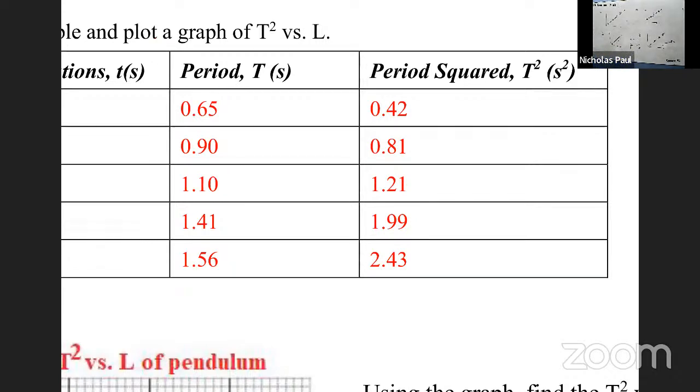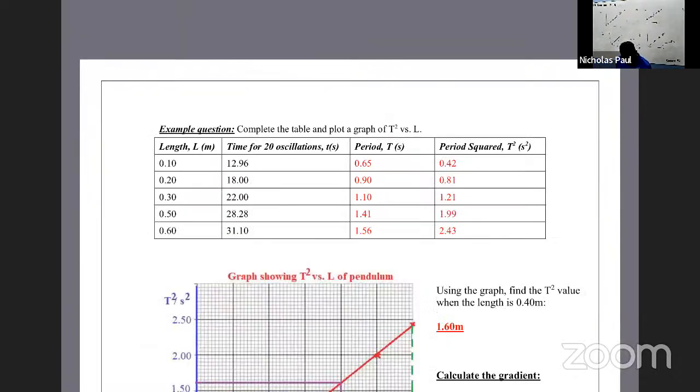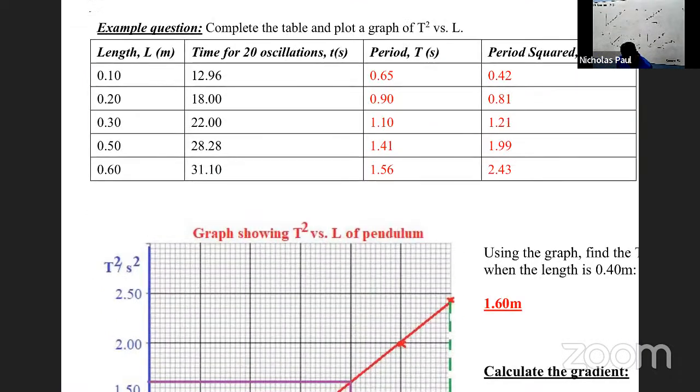So when you finish, here's what you're doing from now. Put the name of the graph, draw your lines for your y and your x-axis. Right? And let's see if we can figure out the scale for the x-axis first, then the y-axis. Right, so draw your lines on the x and the y. Put the name, and let's see if we can figure out the scale.